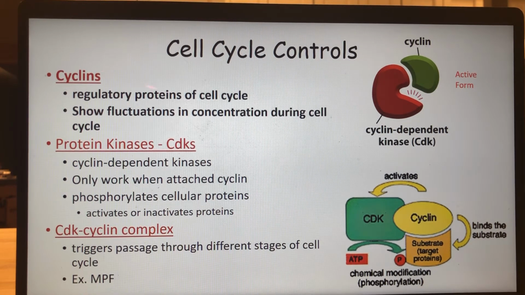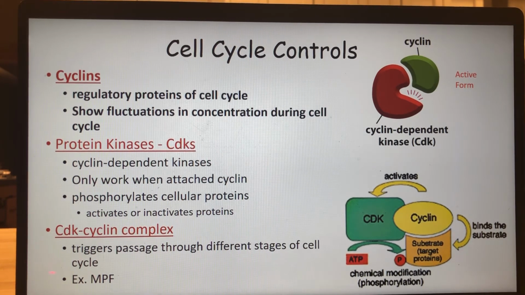When the cyclin and the CDKs are together, we call it a CDK cyclin complex. It's essentially the cyclins turn on the CDKs, okay? So that's what this picture is showing. When the cyclin goes into the CDK, it turns it on, all right?